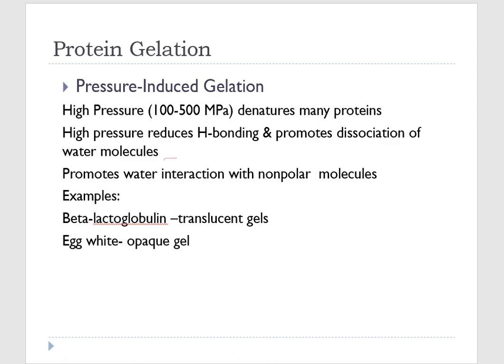High pressure reduces hydrogen bonding and promotes dissociation of water molecules. The interaction of water with nonpolar molecules creates a gel network. There are opaque gels like egg white and translucent gels like beta-lactoglobulin.